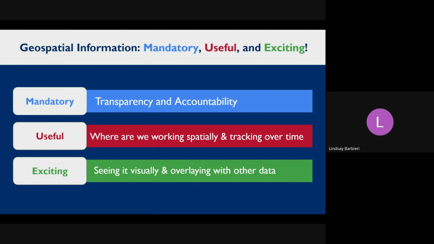And then also it's exciting to see this information visually and also to overlay that with other data and other information so that we can get a more holistic picture of our lands and how our natural climate solutions programming might be overlapping with other types of activities that we're doing here at USAID, or other thematic data might be able to help give us a better picture of our programming. So it can be really exciting to see this all spatially and overlay it with other data as well. So next slide.